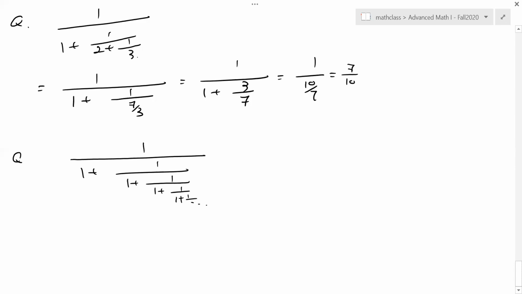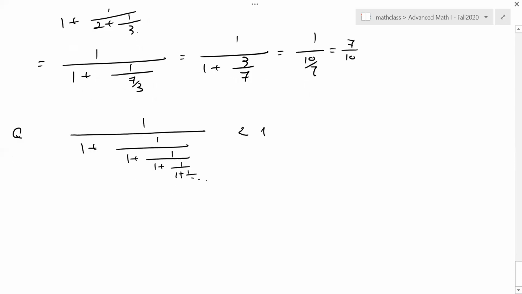Right? What is that number? Chain reaction. Right? How do you solve that? Well, anyway, this number is smaller than 1, clear, right? Smaller than 1 because the denominator is 1 plus.